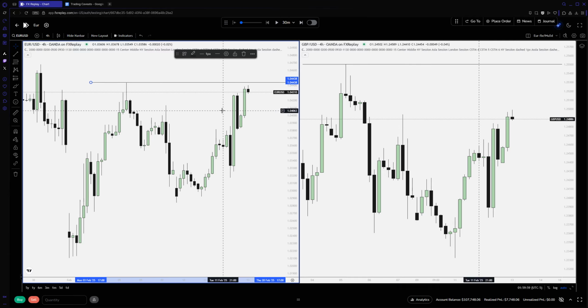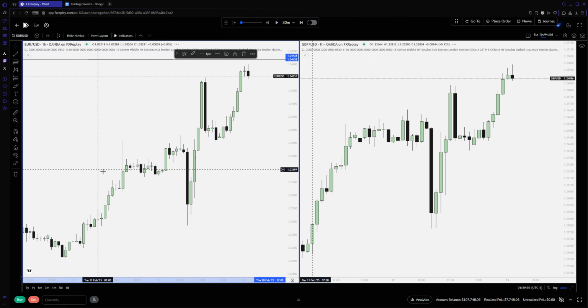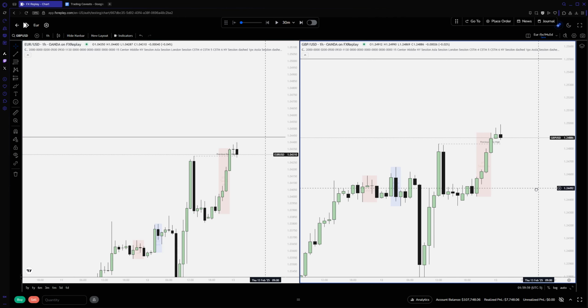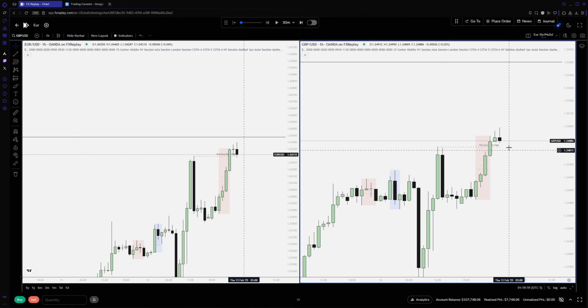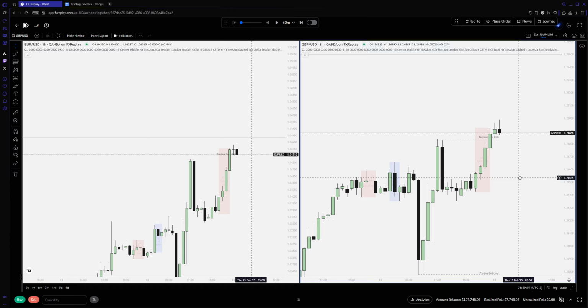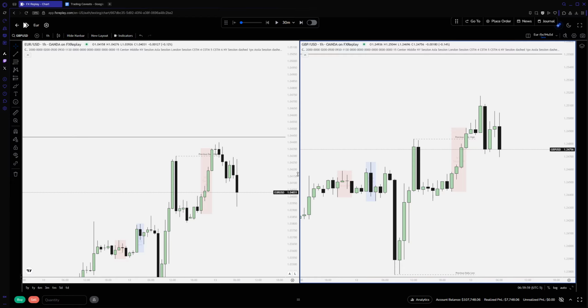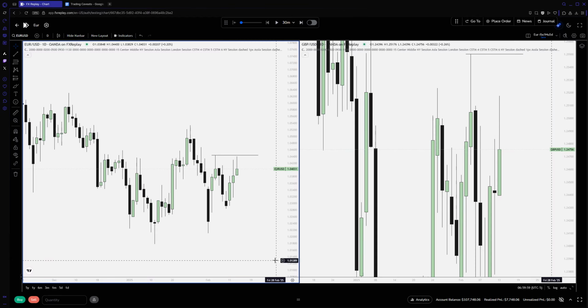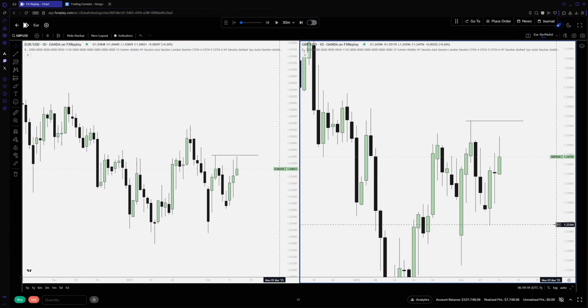Took this high. We're really close to the high. I don't see any reason to fade it. Alright, cool. Wait, why? Wait, am I in London? Strong rejection candle.